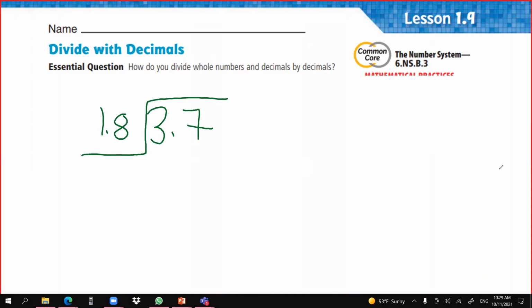Now, the most important thing: when you want to divide by a decimal, the first step is to look at the decimal point. Then you have to convert the decimal to a whole number. How can I convert it to a whole number?